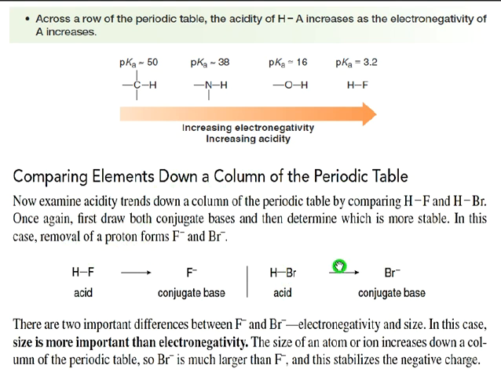Why? Because the size of the bromine atom is larger than the size of the fluorine atom. The size of the atom or ion increases down the column of the periodic table. So Br minus is larger than F minus, and the negative charge is stabilized over the large surface area.